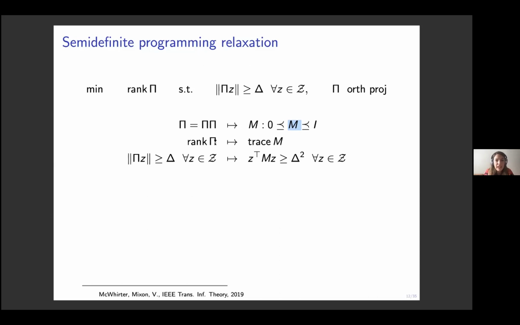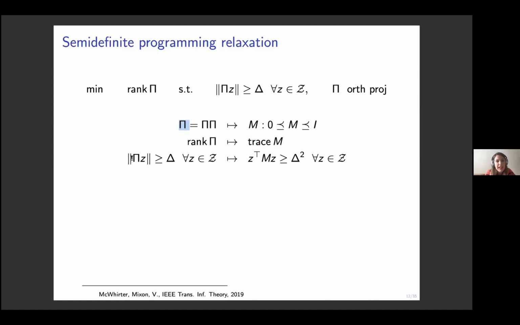So in this space, it translates into the trace of this matrix M. So now we say that this M is a relaxation of pi squared, or the square root of M is a relaxation of pi.